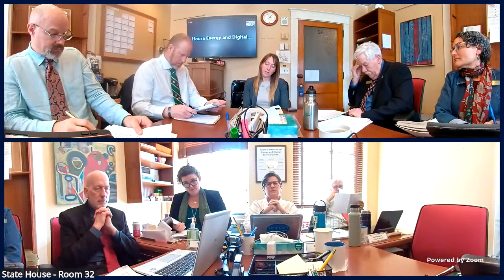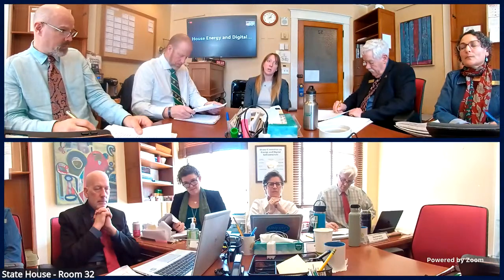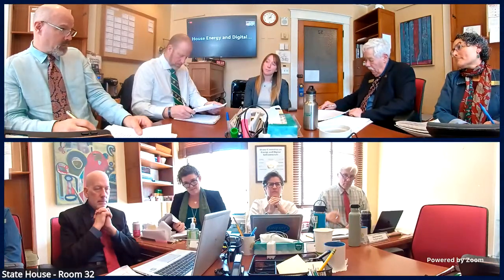Okay, I've seen hands. Mara was first. What does the word companion mean in lines 16 and 18? So the Secretary is going to be publishing another document that is not the plan. And I actually think they're currently working on this also.